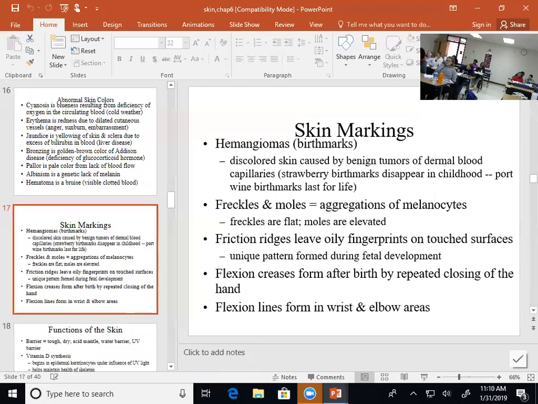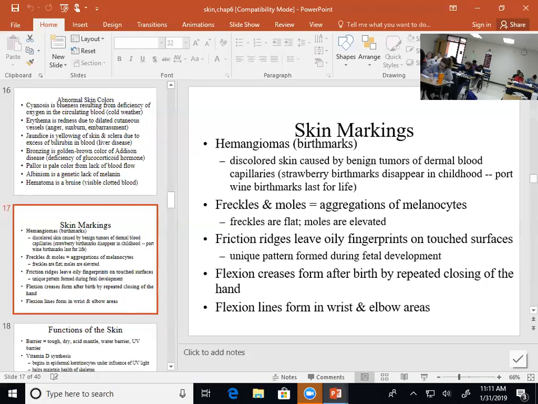Now, hemangiomas are birthmarks. And how many of you have birthmarks? Yeah, okay. Quite a few. Birthmarks can be a couple of different kinds. Actually there's quite a few kinds, more than they're talking about. But anyway, y'all have heard of strawberry birthmarks.